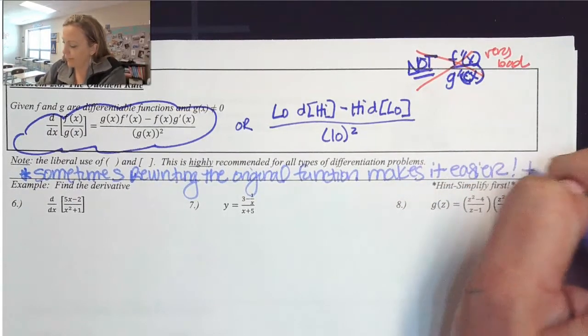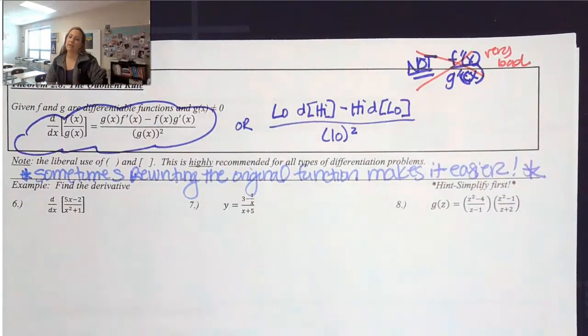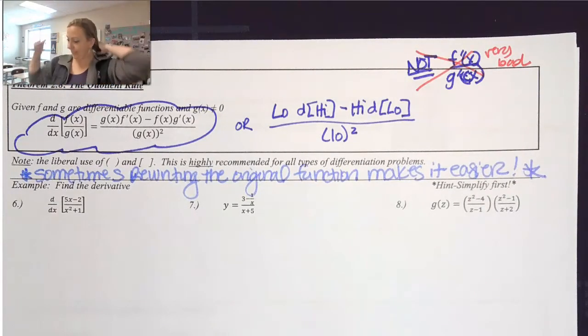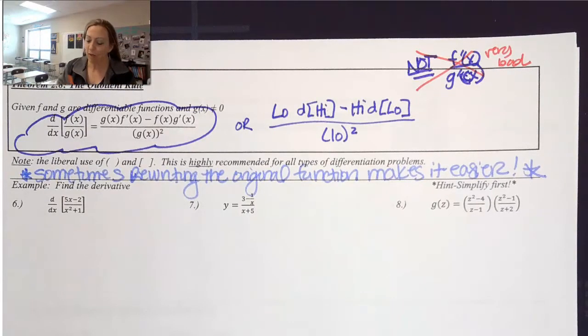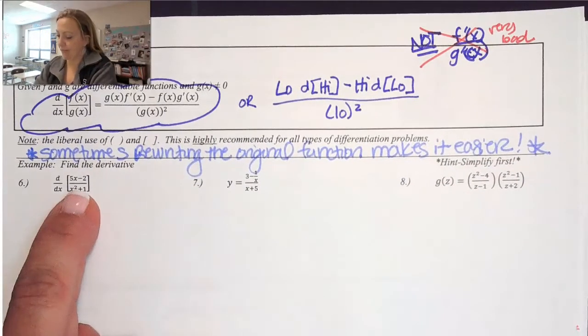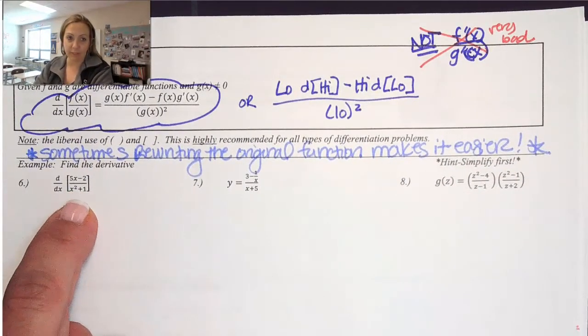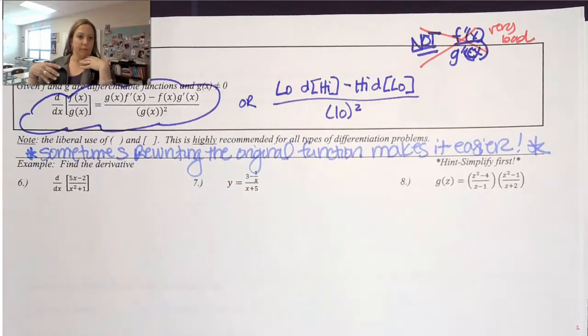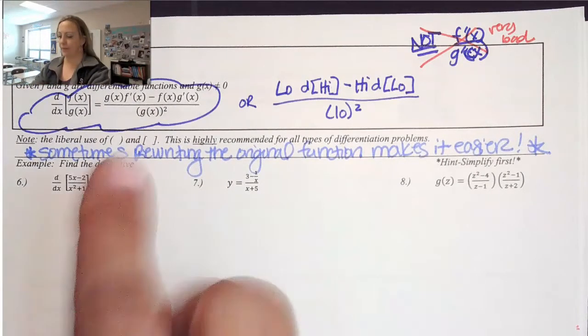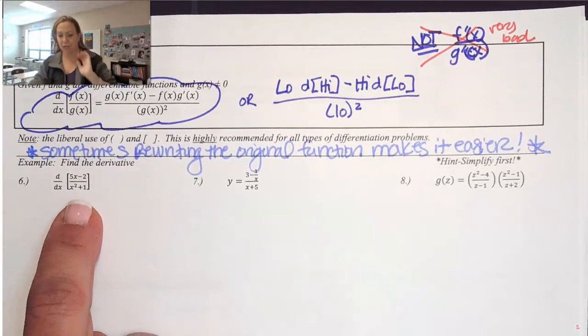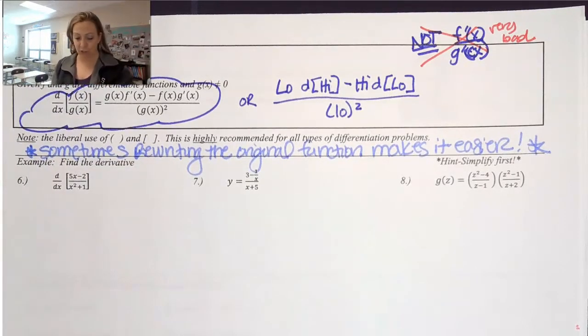So just keep that in mind, that sometimes we look at the function and rewriting it is going to be a better plan for us. Okay. In number 6, we're taking the derivative of 5x minus 2 over x squared plus 1. This one we can't really do anything to. We can't split it up because we have 2 terms in the denominator. So we for sure are going to have to use this quotient rule.